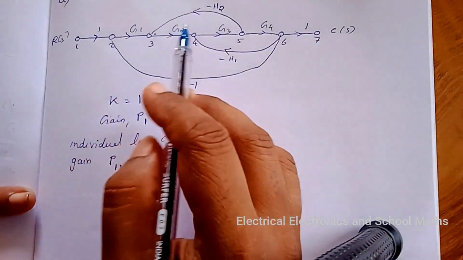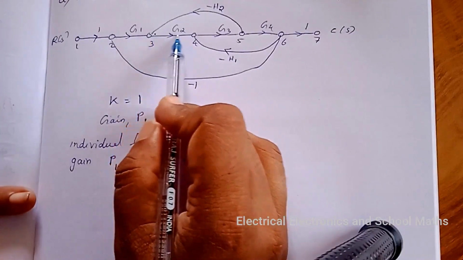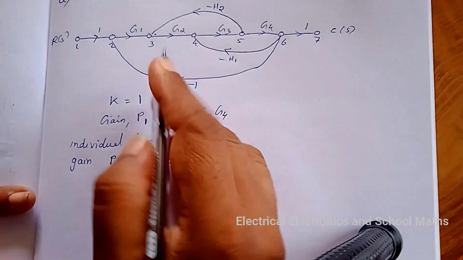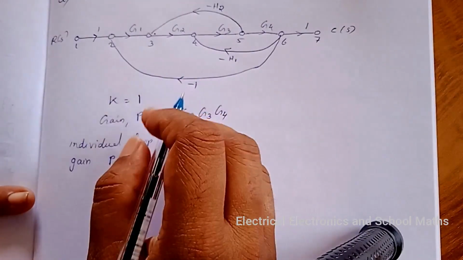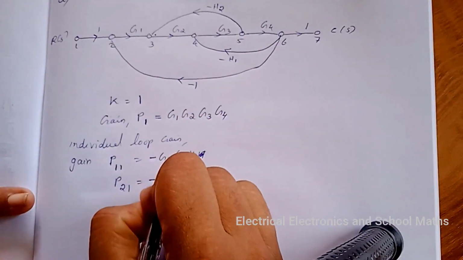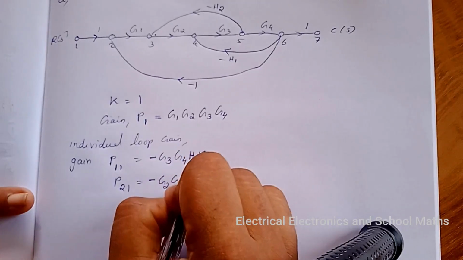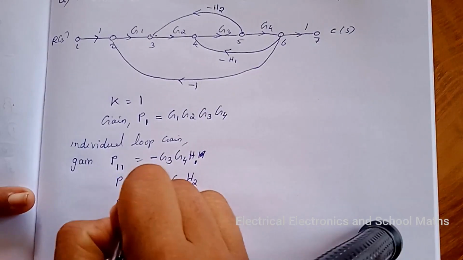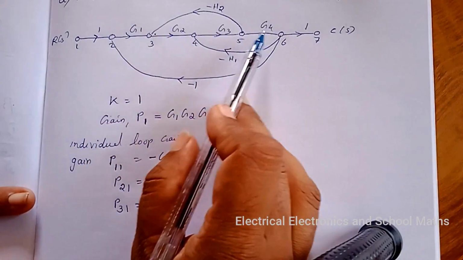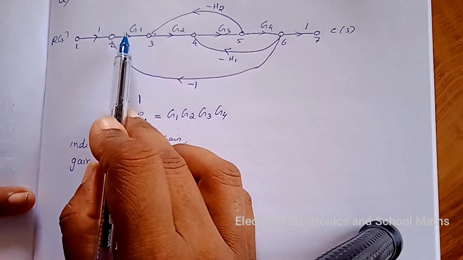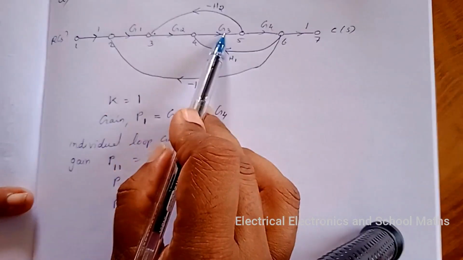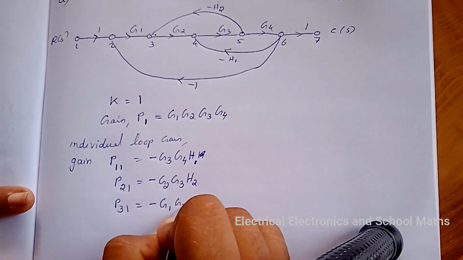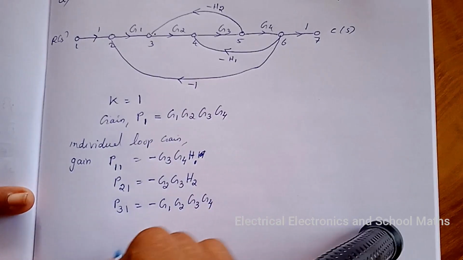Then for the second loop, let the second loop be this one. So P21 equal to G2 G3 into minus H2, that is minus G2 G3 H2. Then the third loop, that is P31 equal to, so this is the third individual loop, and gain product is G1 G2 G3 G4 into minus 1, that is minus G1 G2 G3 G4.